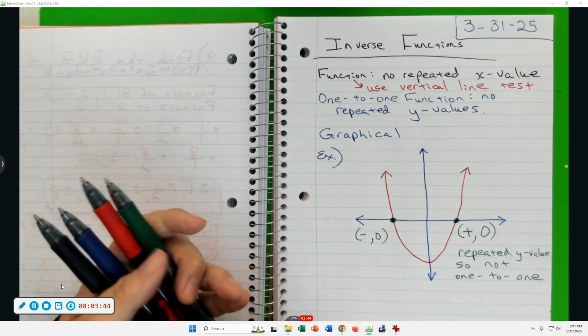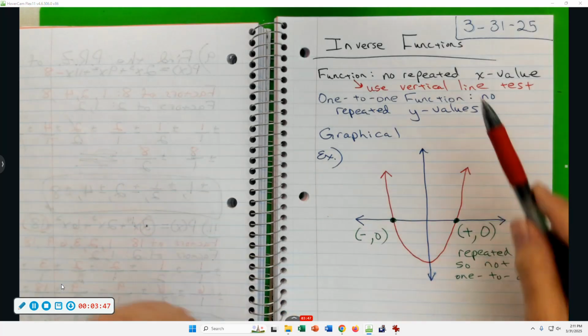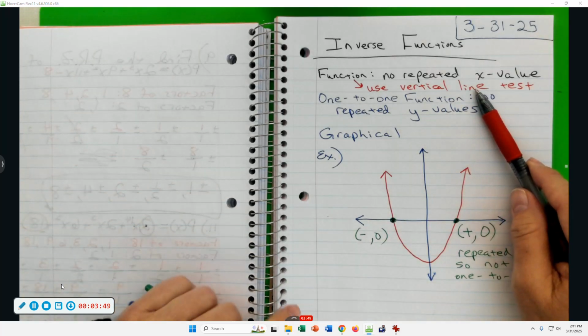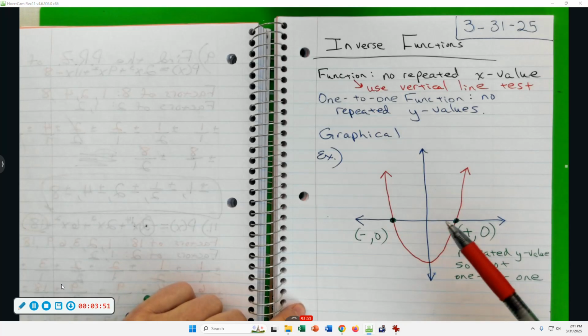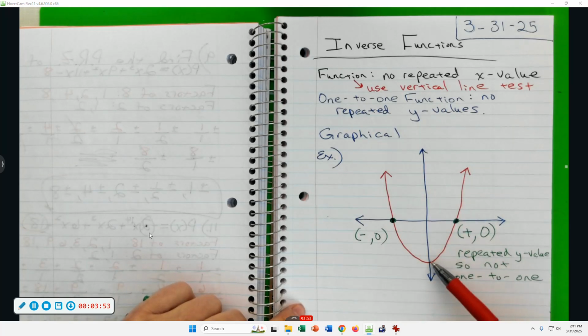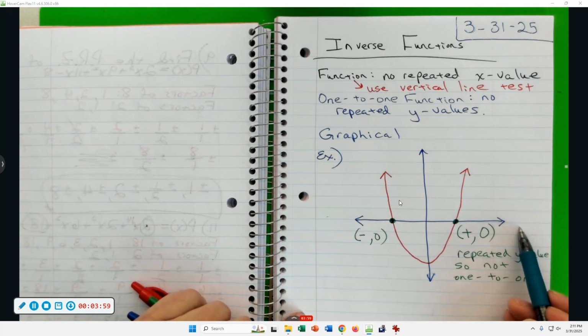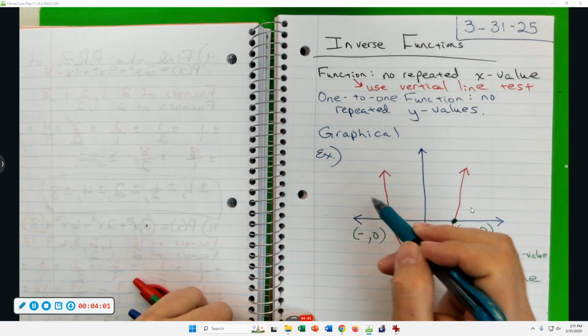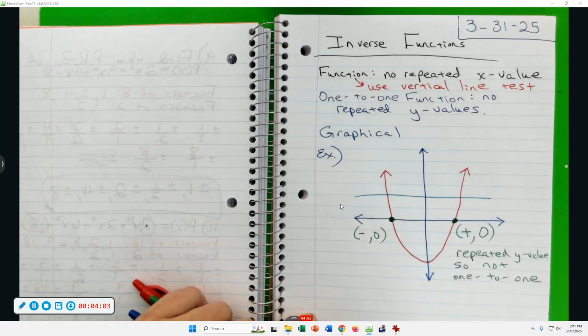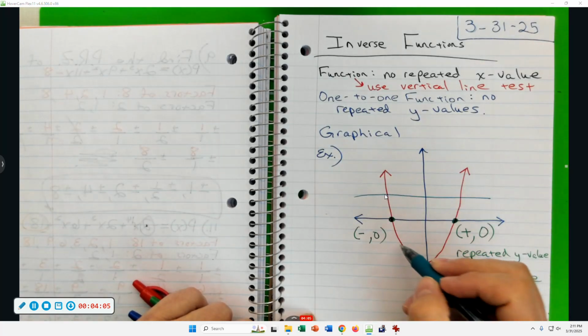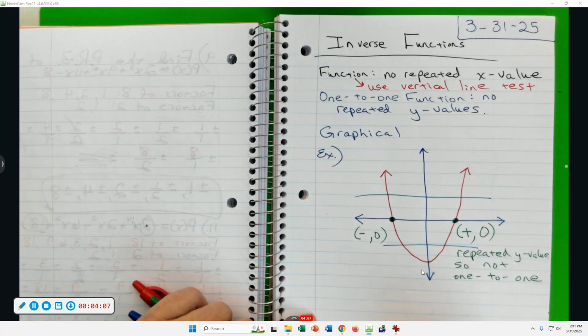In general, we have the vertical line test to determine if a graph is a function. We have the horizontal line test to determine if a graph is one-to-one. Imagine, even if it weren't passing through that x-axis, can you draw a horizontal line so that it hits the graph twice?